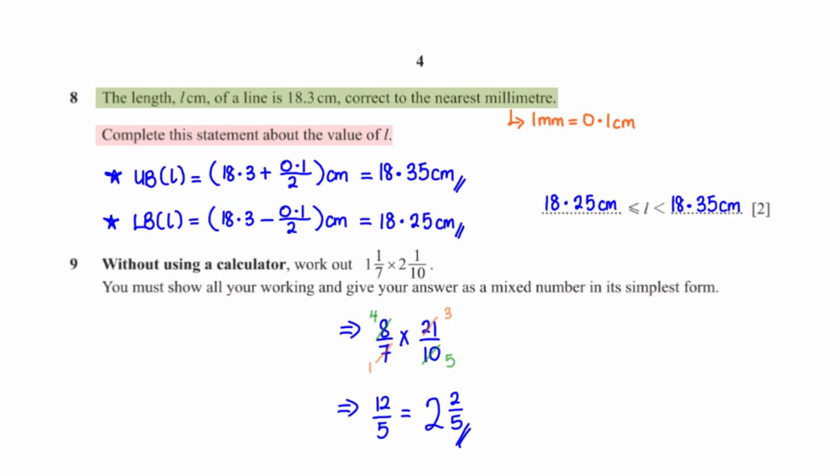And for the lower bound of L, we have 18.3 minus 0.1 centimeters divided by 2, which is 18.25 centimeters. And so for our final answer, we have L is greater than or equal to 18.25 centimeters and less than 18.35 centimeters.